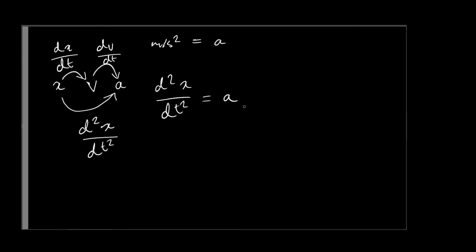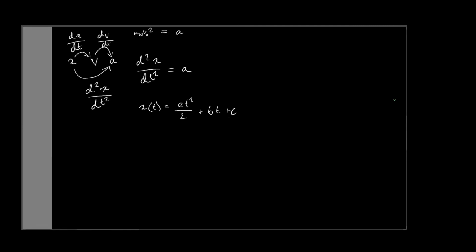I'm not going to explain the process, but in the end, you end up with x as a function of t. Ooh, just draw that a little straighter. I like my things to be a little straighter. That way it doesn't go off diagonally. Anyways, you get this equation, at squared over 2 plus bt plus c.